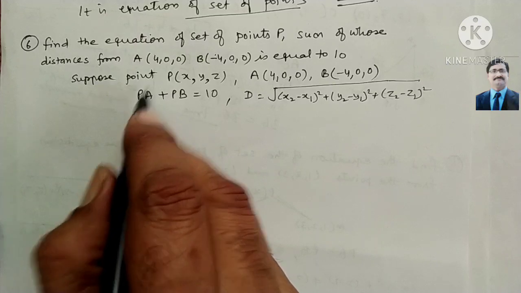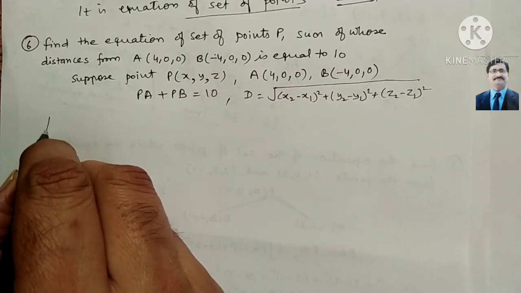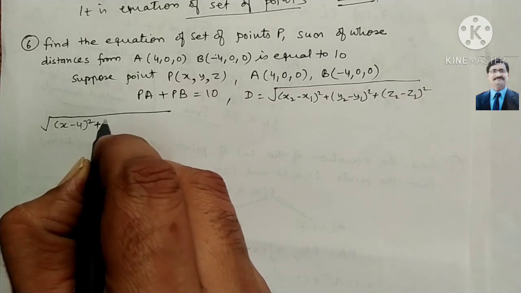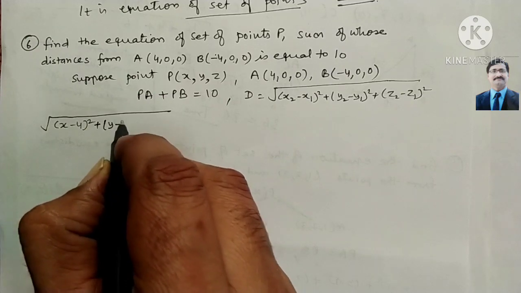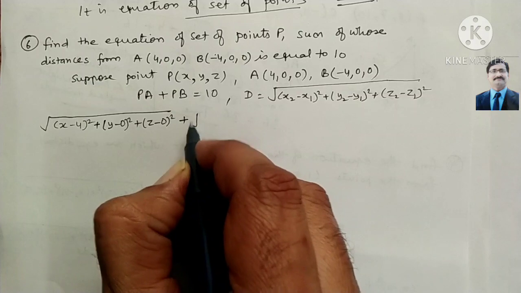So we have to find the distance PA. This is x2, y2, z2, and this is x1, y1, and z1. So the distance PA will be equal to root of (x minus 4) whole square plus (y minus 0) whole square plus (z minus 0) whole square, plus PB.